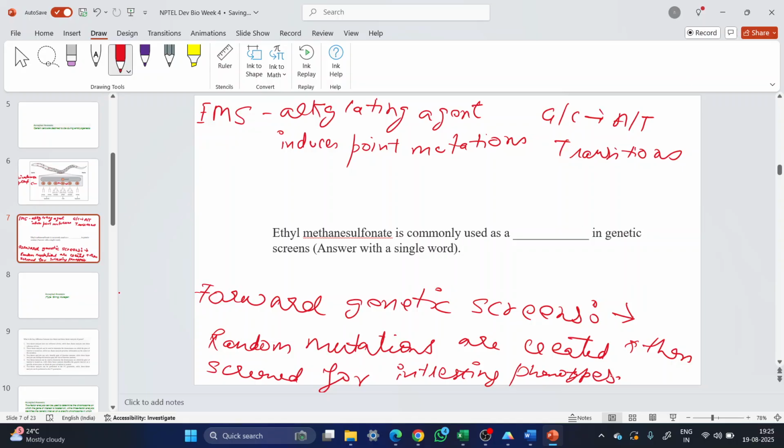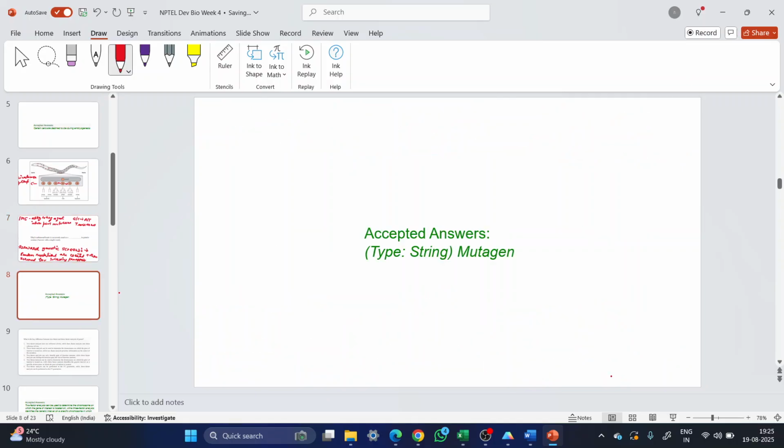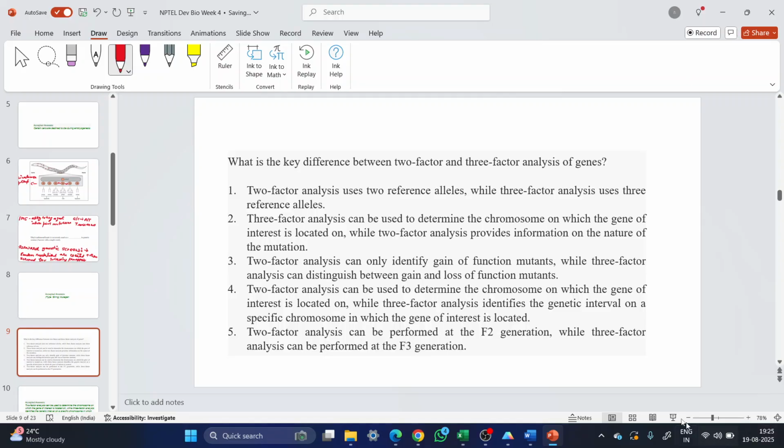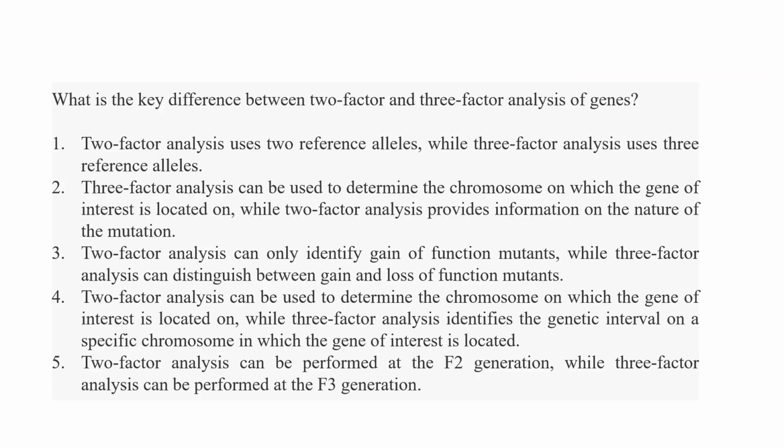Okay. Next question is, what is the key difference between two-factor and three-factor analysis of genes? First, two-factor analysis uses two reference alleles, while three-factor analysis uses three reference alleles.